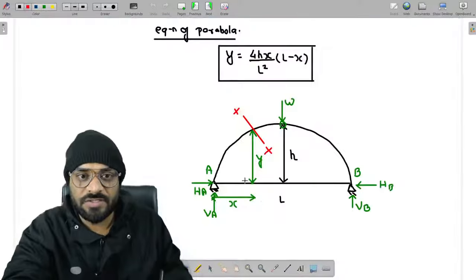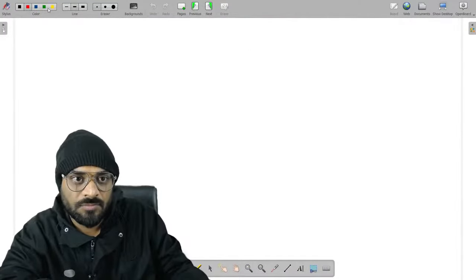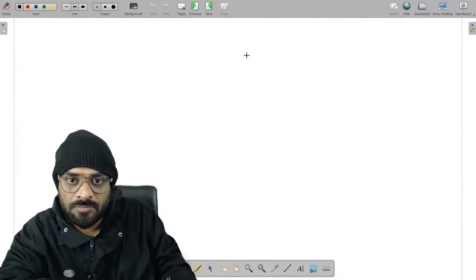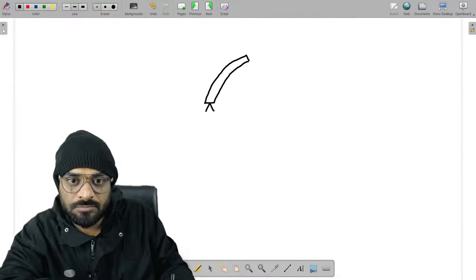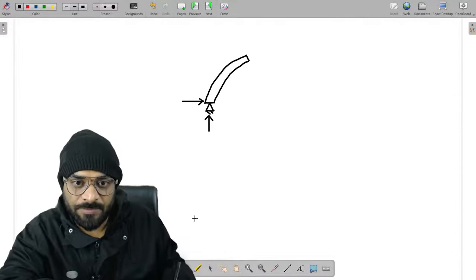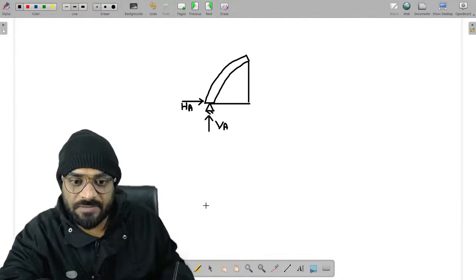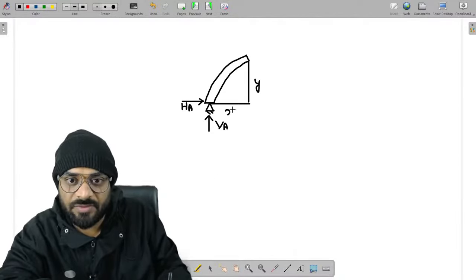So let's draw a free body diagram. This one is VA and this one is HA. And this is our rise, which is basically y, and this one is x.